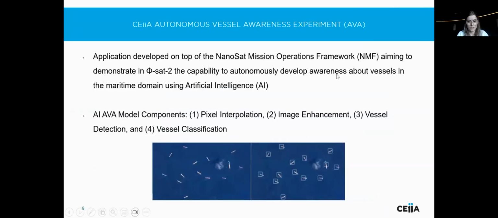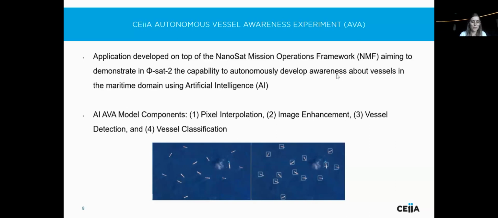Yes, we can. Okay, so now I will continue and I will talk to you a little bit on the context of the FISAT2 mission, on the techniques that we applied on our application to balance this trade-off. So for the FISAT2, we worked on an application to autonomously detect and classify the vessels on board the satellites.